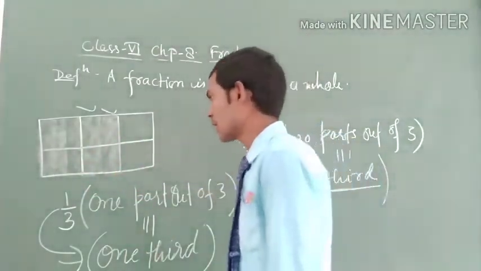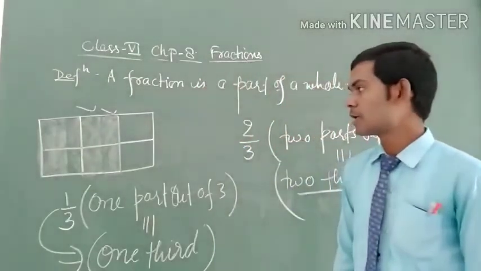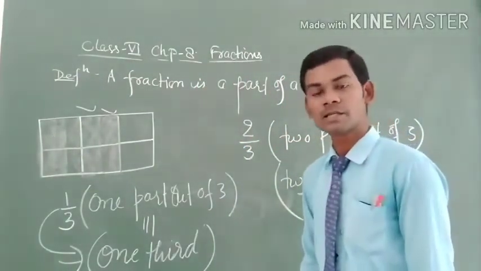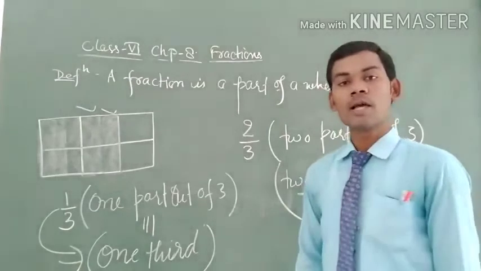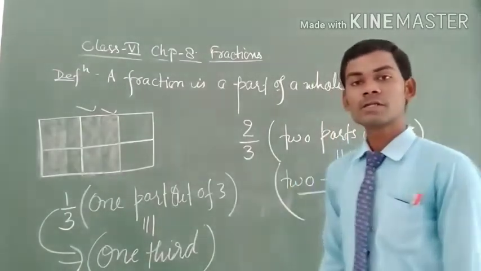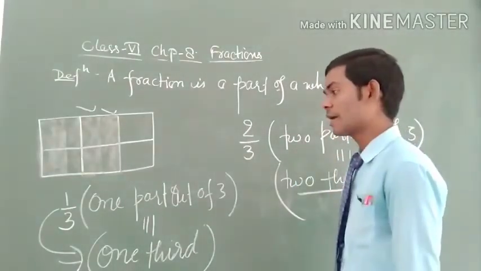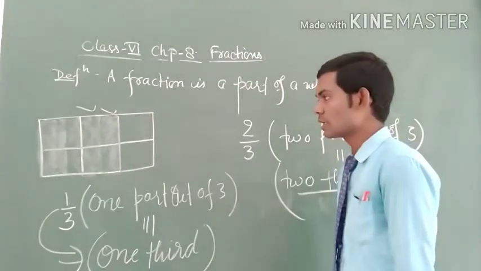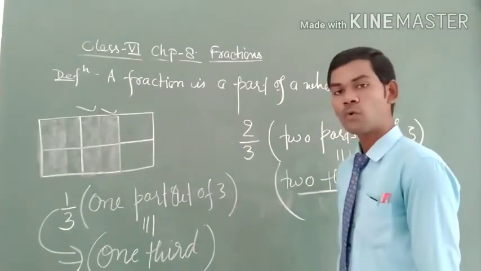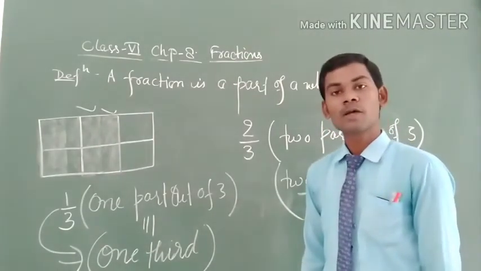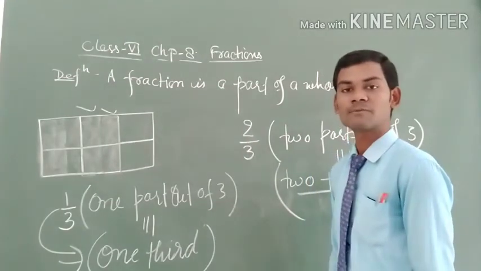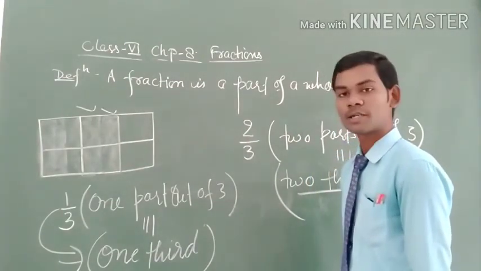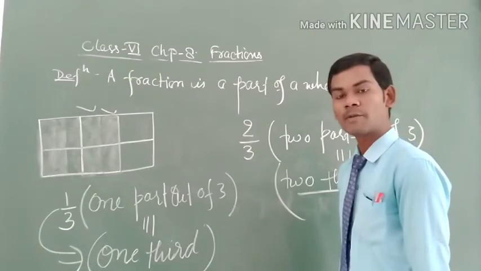We can see 6 equal parts in this figure, or we can say the rectangle has been divided into 6 equal parts, and here we find that 4 parts out of 6 parts have been colored or shaded.